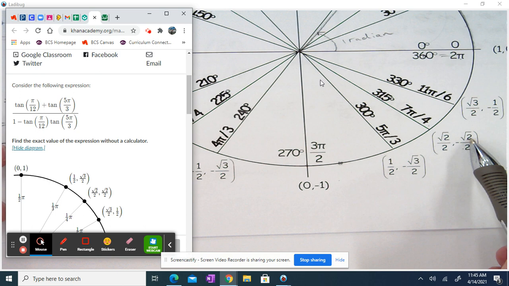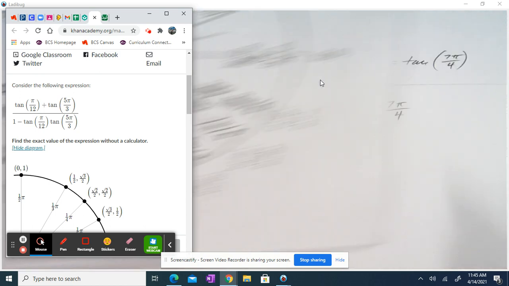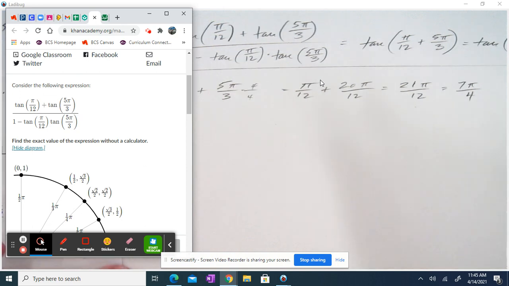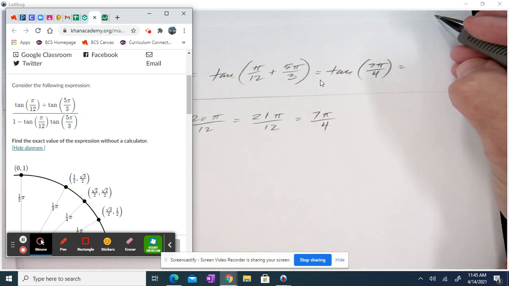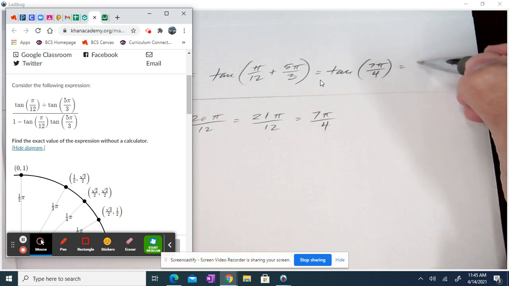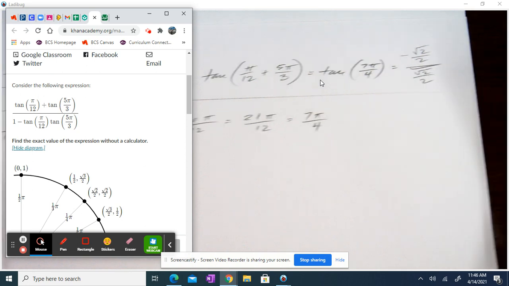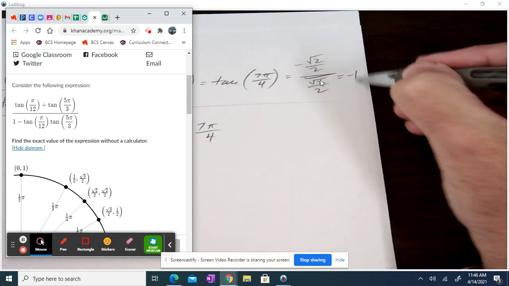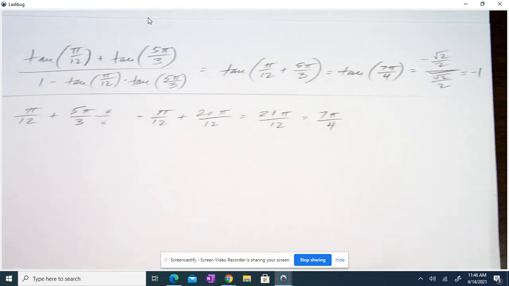It's negative square root of 2 over 2 divided by square root of 2 over 2. And that's just negative 1. So this whole thing boils down to negative 1.